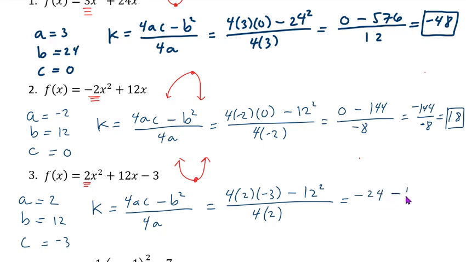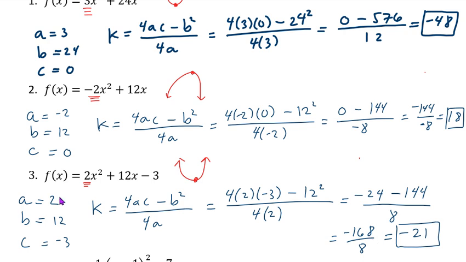And then minus 144, all divided by 8. So we have negative 168 divided by 8, which is equal to negative 21. Alright, so this is now the minimum value of the function.